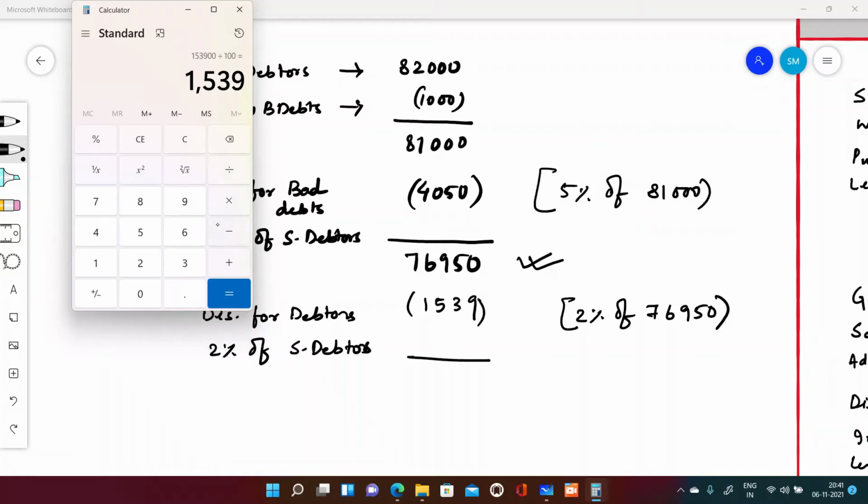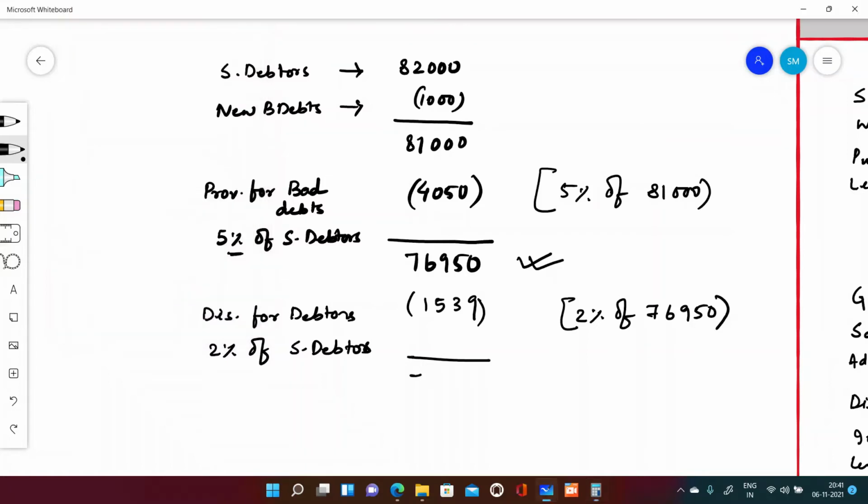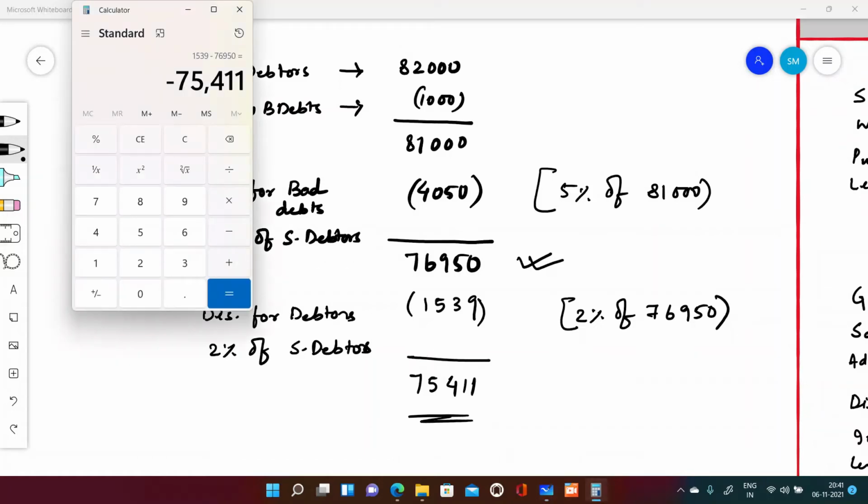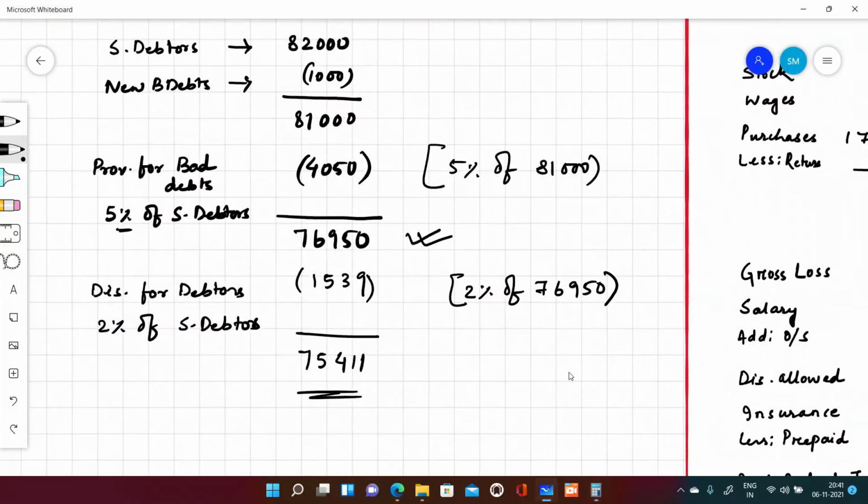So you are getting 76950 minus 1539, so you are getting 75411 is the sundry debtor now standing. Okay, so we will proceed with our question.